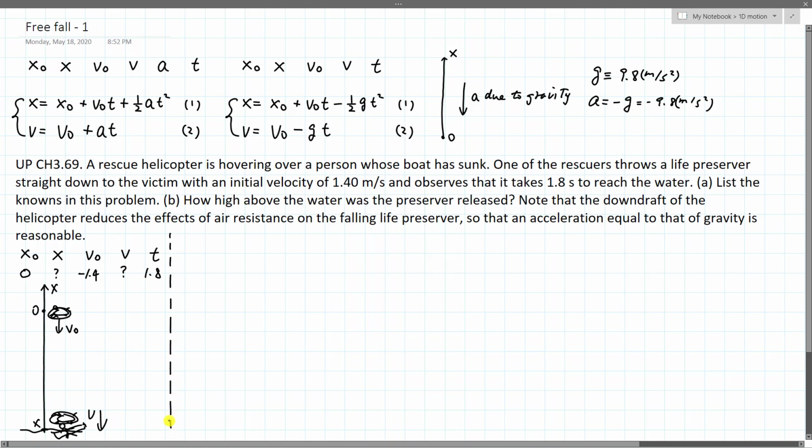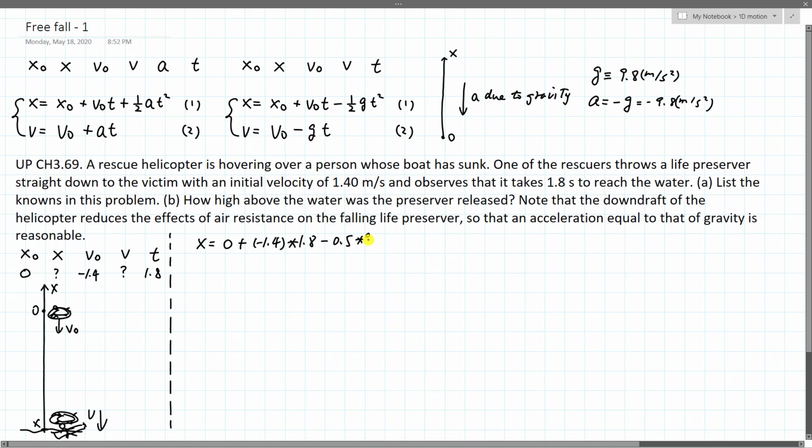Alright, so with equation 1, final position is initial position plus initial velocity, negative 1.4, times time, 1.8, minus 0.5 g. g is a positive quantity because the negative is already explicit.